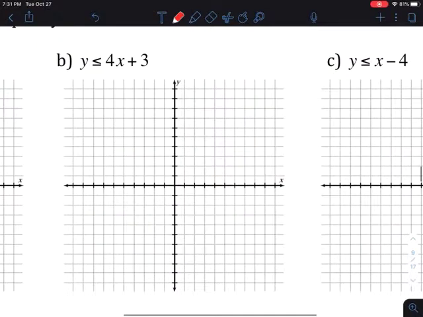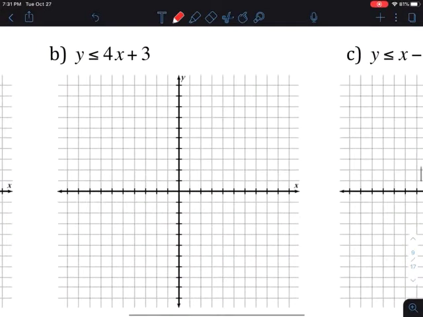Okay, letter B. We got a y-intercept of 3. We have a slope of 4, so we're going to be going up 4 over 1. We can go in the reverse, down 4, left 1. And the symbol we're looking at has an underline, so that's a solid line.